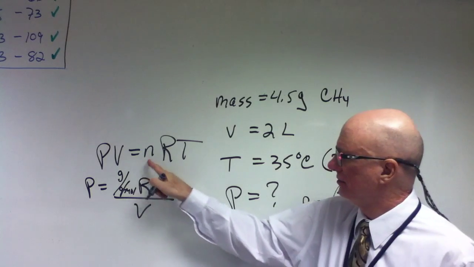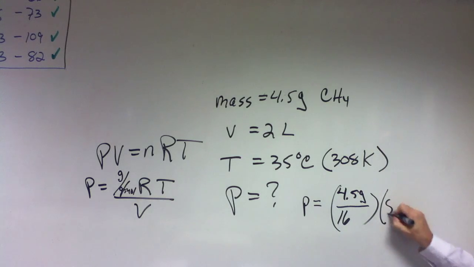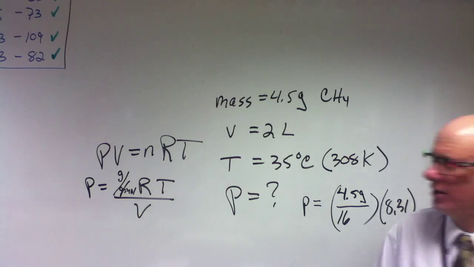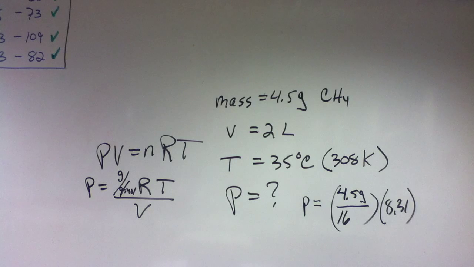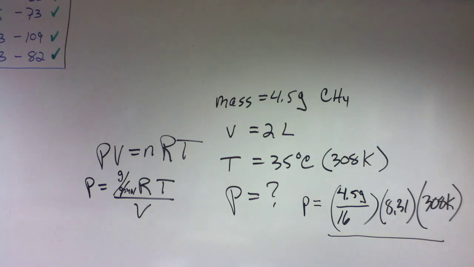That's n. R is 8.31. We're going to forget about the unit labels for R just for a second. Okay, so T is going to be 308 Kelvin over what?